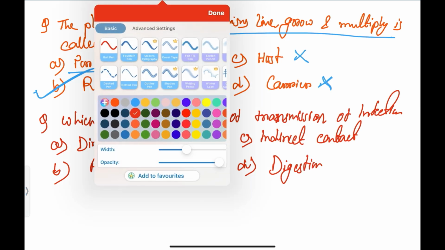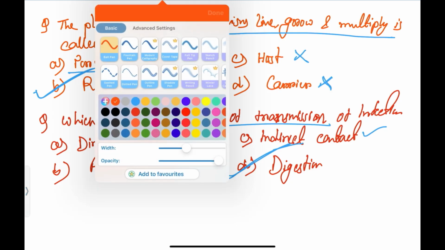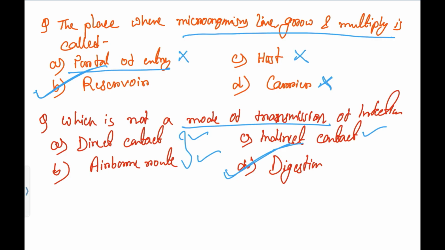So what will be the answer according to you? There is no need for any explanation, because it's quite sure the answer will be digestion. We already studied direct contact, airborne contact, indirect contact, kissing, touching, sexual contact; all come under modes of transmission. I hope you understood.